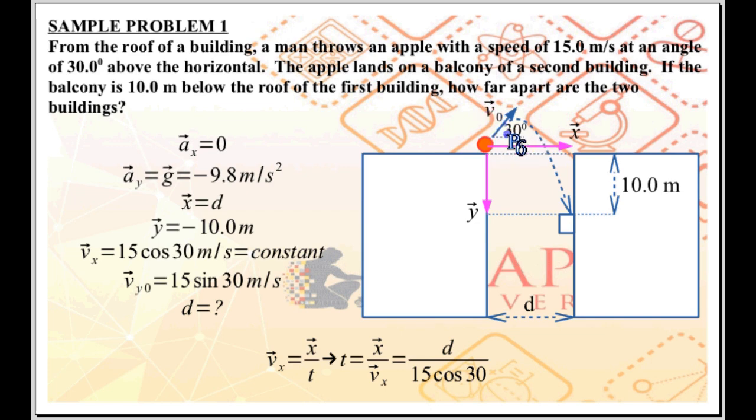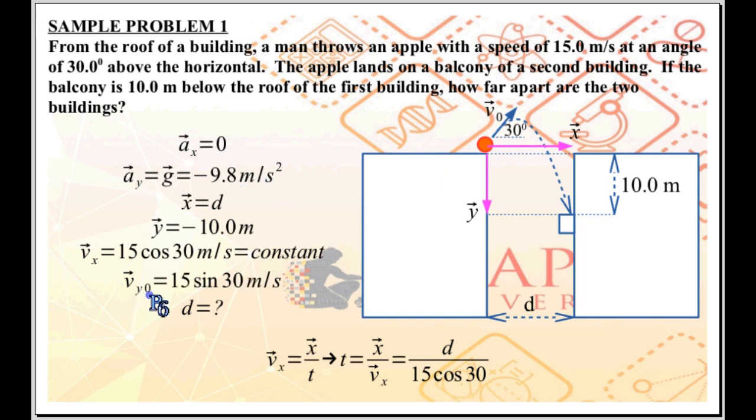Vx is adjacent to the 30 degrees, so we use cosine 30. So Vx is equal to 15 cosine 30 meters per second. Vx is in the positive direction and uniform motion, therefore Vx is constant.